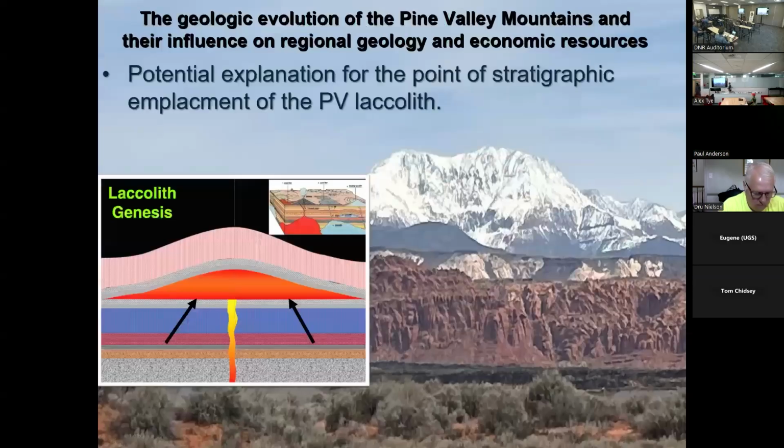Gotcha. Okay, so what I'm going to cover today is a topic that has been near and dear to my heart for a long time, for about 18 years. And that is, why did the Pine Valley laccolith get emplaced at that particular stratigraphic horizon within the Claron Formation?